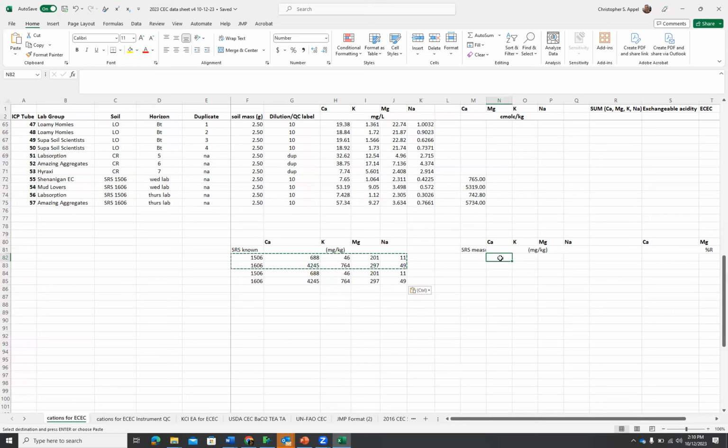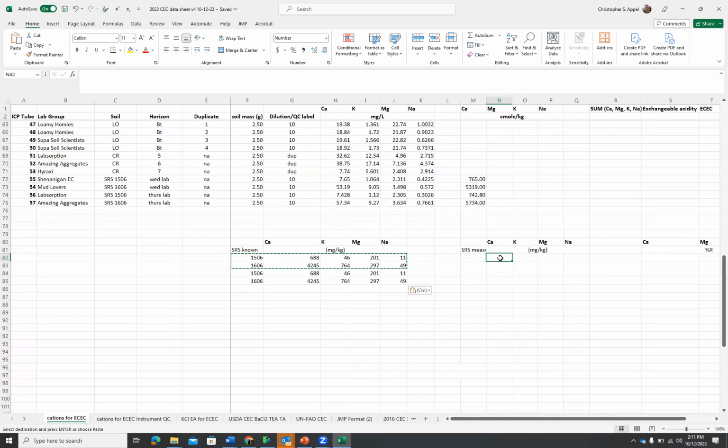And the reason why we're doing that is because these concentrations that were given are in the soil, per kilogram. Now, the other thing is that this is a diluted sample. So we need to also multiply that by our dilution factor, which was 10. So that is our dilution factor.